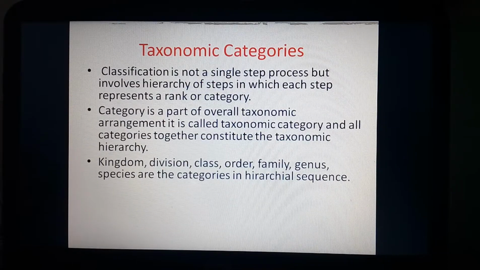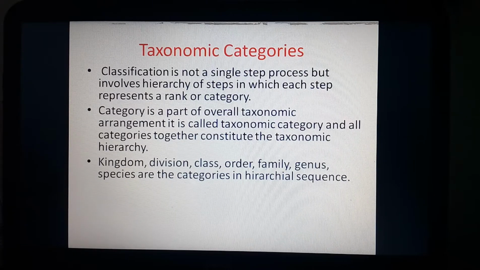Hierarchy means the arrangement from a higher level to a lower level. You can take any organization; they have levels from highest to lowest. At your school or your college, you can observe that the highest category is the principal, then after the principal, teachers, then students.